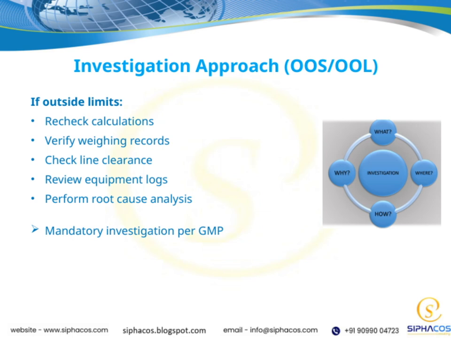Additionally, reviewing equipment logs helps us identify any anomalies or maintenance issues that could have impacted the results. If needed, we perform a root cause analysis to understand exactly what caused the deviation. Remember, conducting a thorough investigation like this is mandatory under GMP guidelines. It helps us maintain product quality and compliance, ensuring we address issues promptly and effectively.